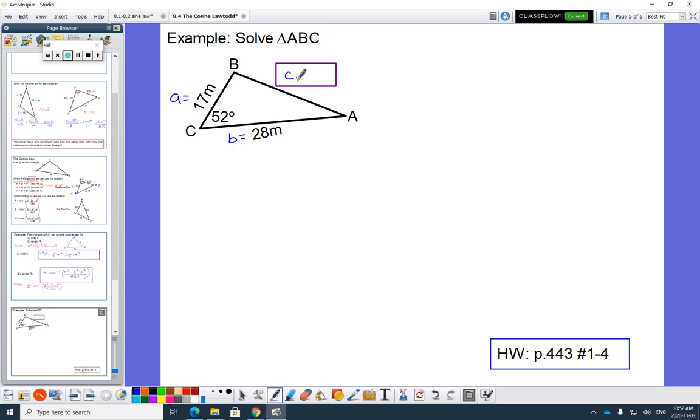So do we have side C and angle C? No. Do we have side A and angle A? No. We have angle C but not side C. And we don't have angle B and side B, we have just side B. So there's no complete ratio. So this is called side angle side, or the interior angle between two sides. So we have to use the cosine law. We can't use the sine law yet.